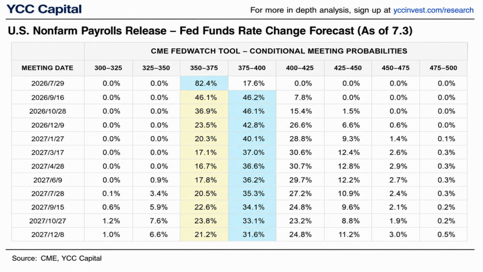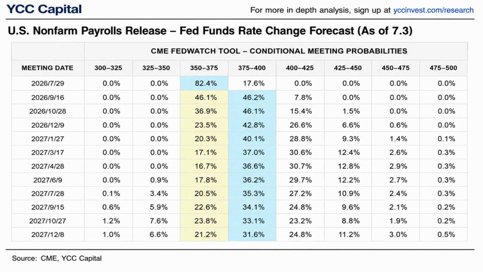There is little expectation of aggressive easing or a rapid return to the ultra-low interest rate environment that prevailed before inflation surged. As we move further along the meeting calendar, probabilities gradually spread across several rate ranges. That widening distribution reflects uncertainty rather than conviction.